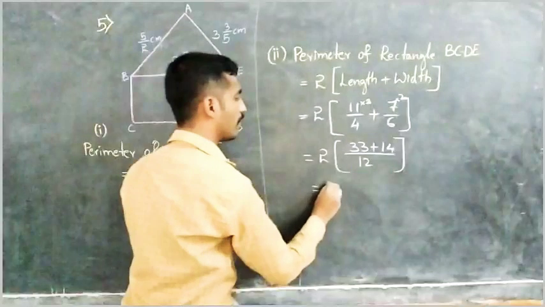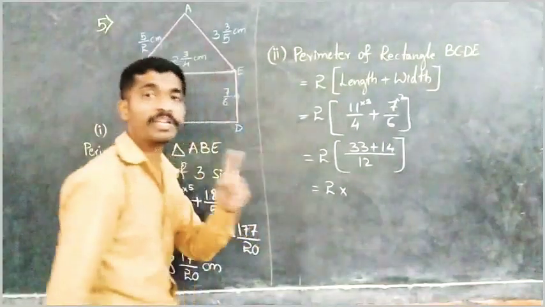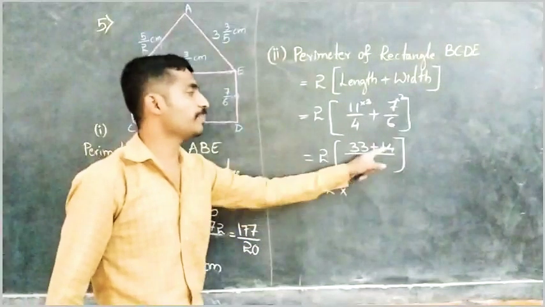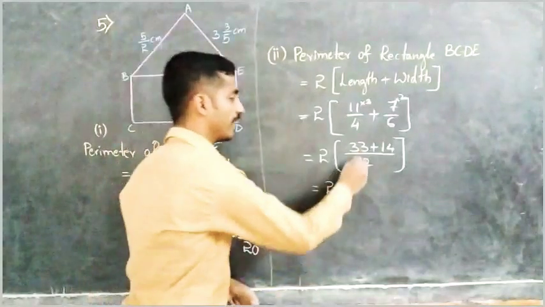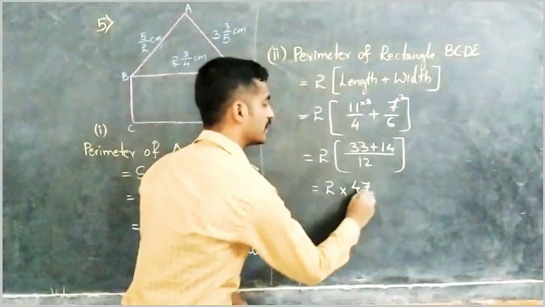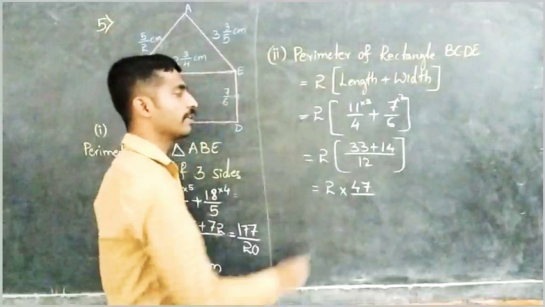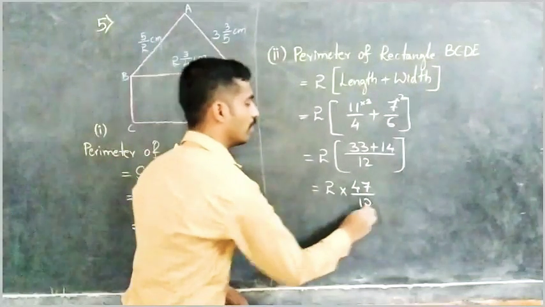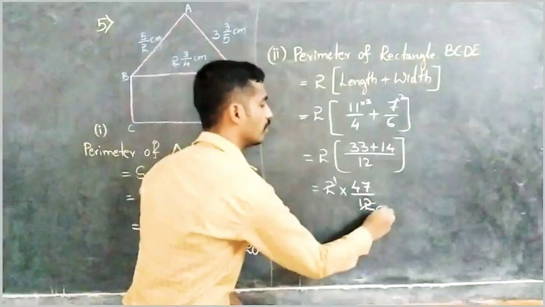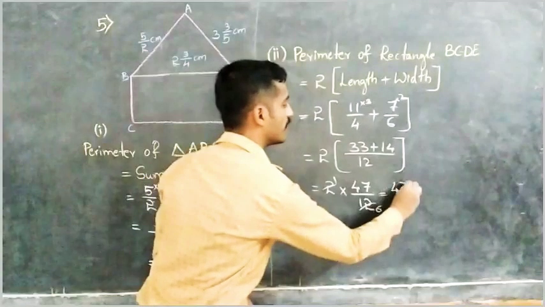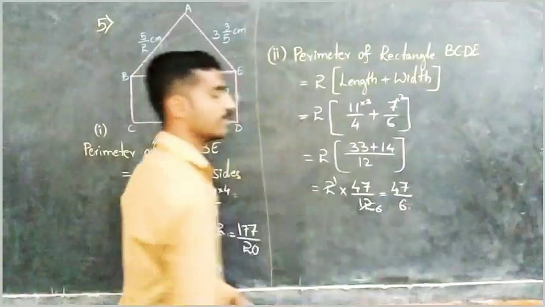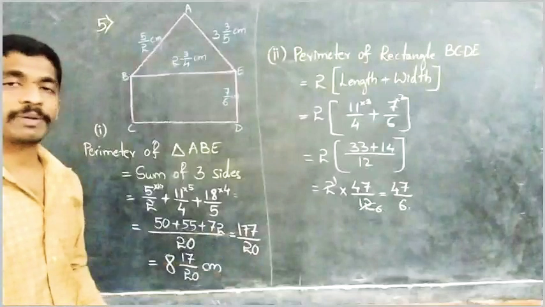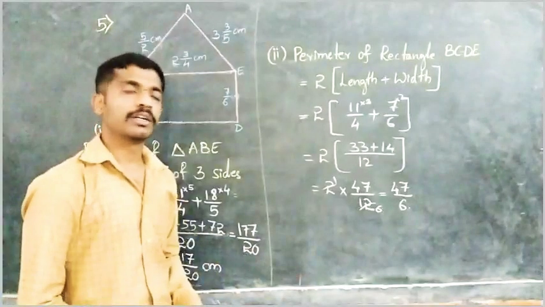Okay, so our answer will be 2 into, bracket means into, 33 plus 14. Here we will get 47 by 12. Okay, 2 ones are 2, 6 2s are 12. So 47 by 6. Do the division.